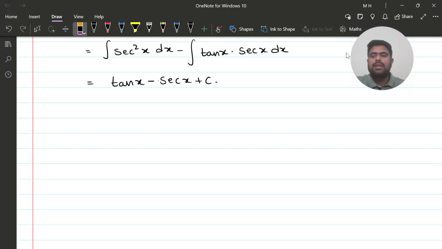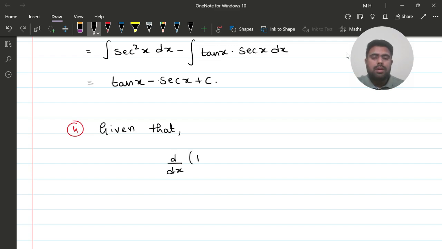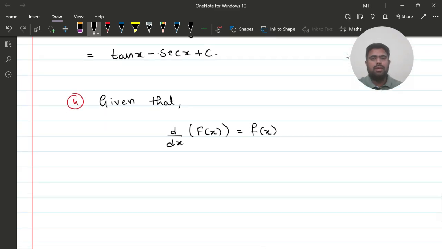So therefore it is given, I think this is example number 4, that when you differentiate, d by dx of capital F of x, you will get small f of x. That is what they have given.